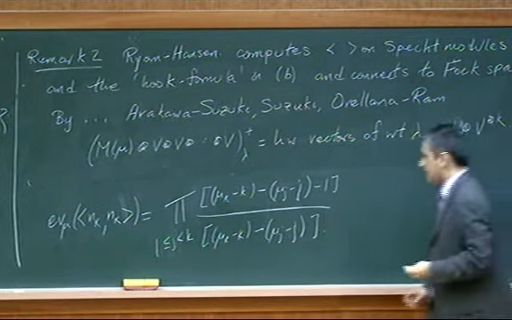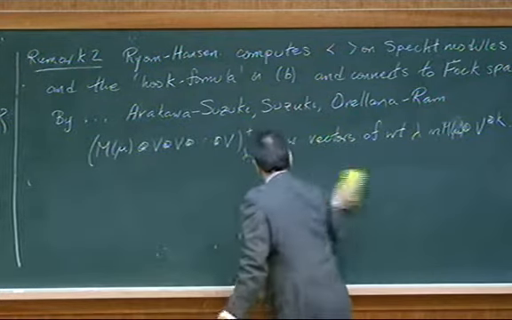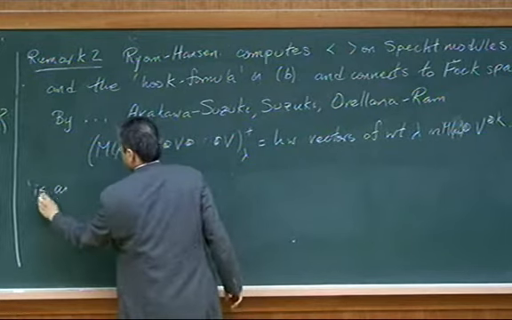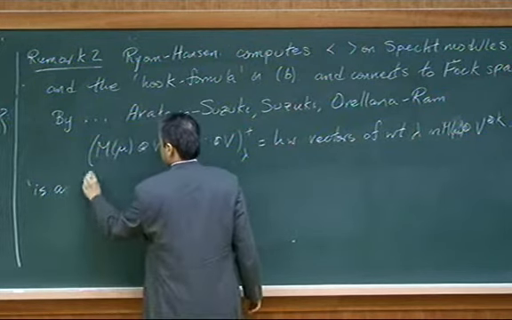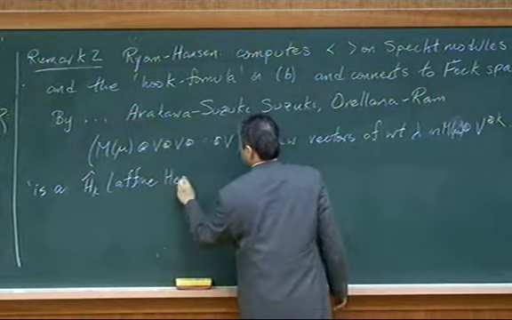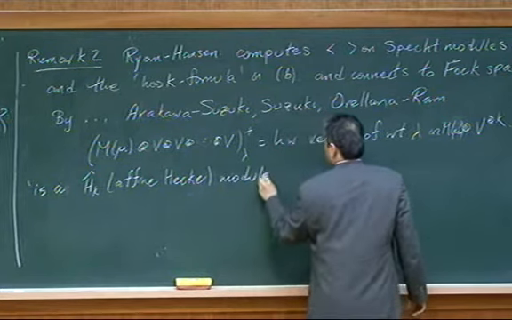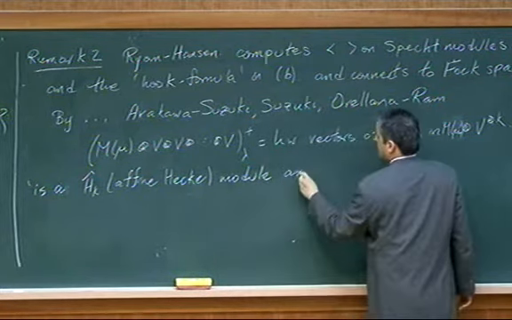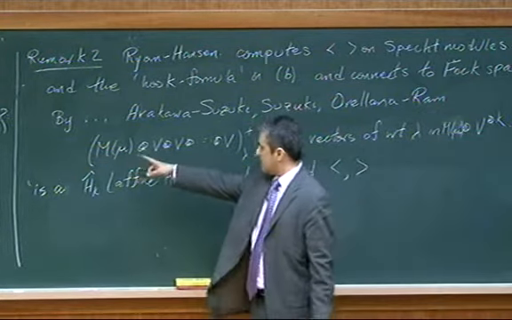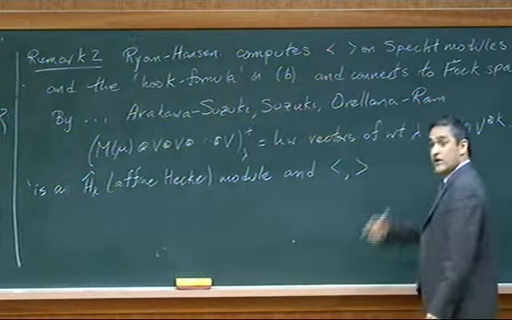Then this is a Hecke algebra module. So this is by Schur-Weyl duality an affine Hecke algebra module. And you get a form on this, as we did over there, a contravariant form, and that transfers.